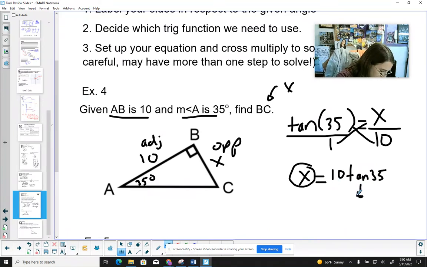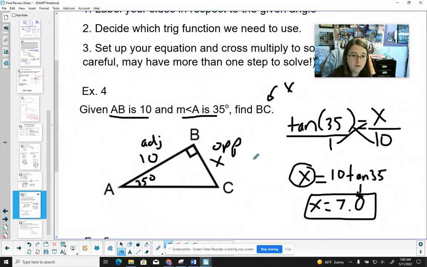So let's go ahead and do that. Make sure we're in the right function here. Yep. Okay. 10 tangent 35. Okay, so we should get that x equals 7.0. This is going to round to, so there we go.